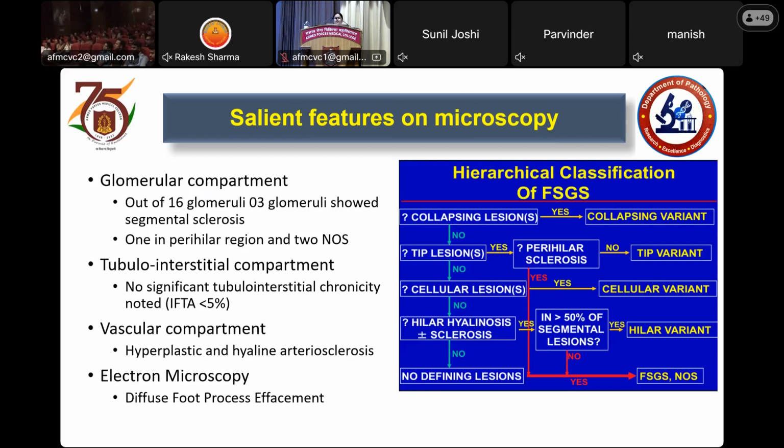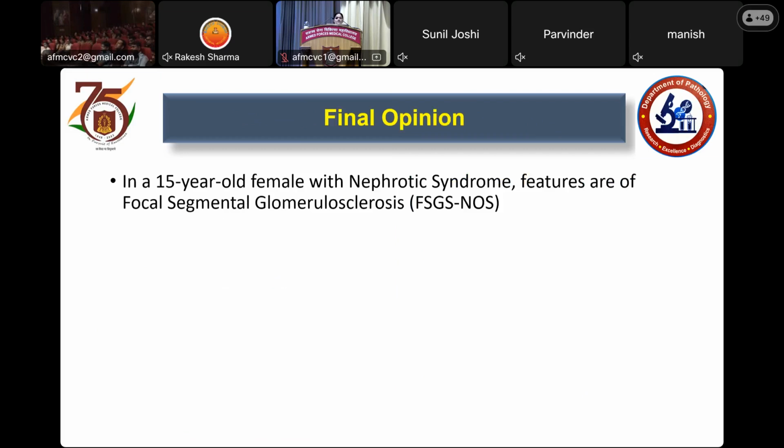The other variants of FSGS are collapsing variant, tip variant, and cellular variant. In the tubulointerstitial compartment, no significant tubular atrophy or interstitial fibrosis was noted. In the vascular compartment, hyperplastic and hyaline arteriosclerosis was seen. On electron microscopy, diffuse foot process effacement was noted. So the final opinion was focal segmental glomerulosclerosis, NOS.